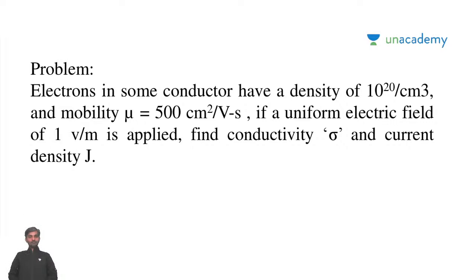Electrons in some conductor have a density of 10 to the power of 20 per centimeter cube. Remember the units are centimeters here.